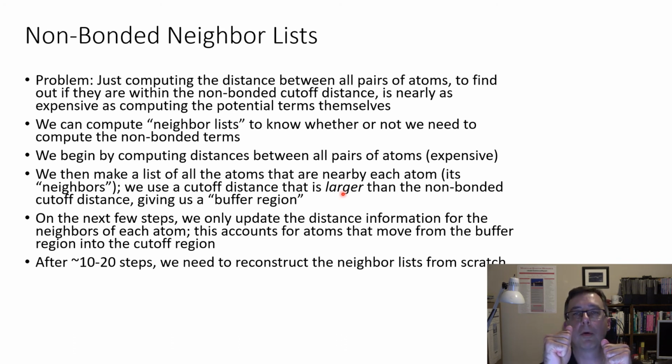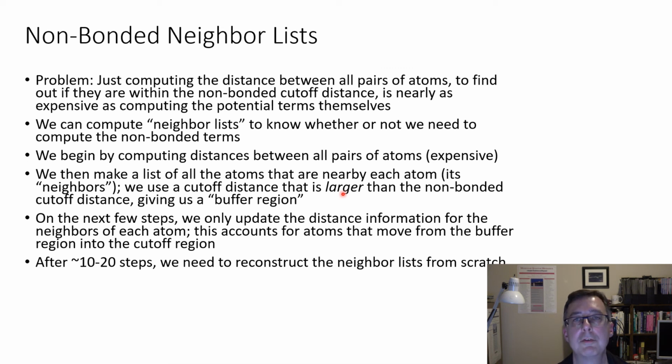That is going to allow me to watch if any atoms move from the buffer region into my van der Waals cutoff region, and if they do, then I need to start including that in my van der Waals calculation. Or if they move out of the van der Waals region into the buffer region, or maybe out of the buffer region, out completely. I can do that if I monitor all the ones in my neighbor list cutoff.